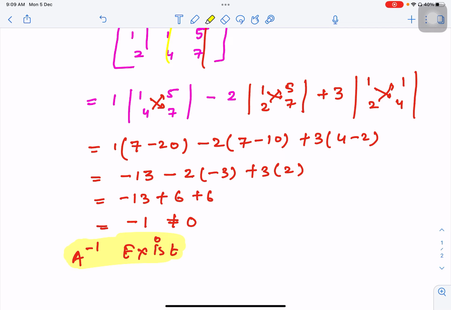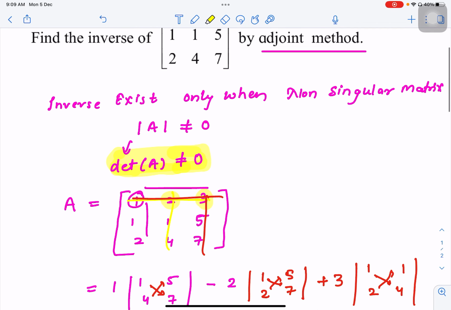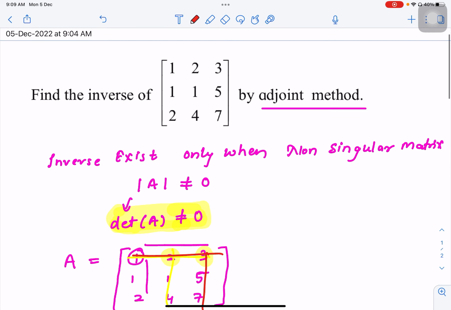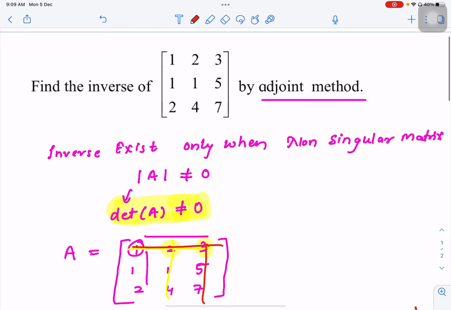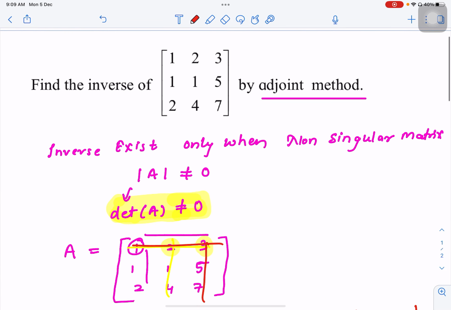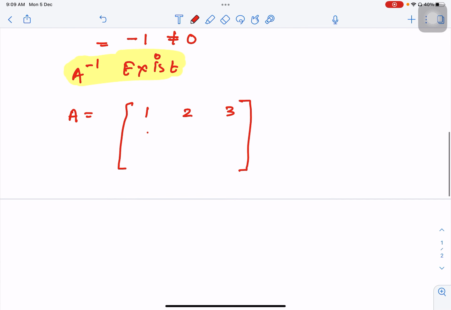The determinant needs to be not equal to 0, then only we'll have A inverse. Now once we determine that the A inverse exists, the question comes, how do we actually find the inverse? Let's rewrite the matrix again, and we are going to follow something known as the adjoint method. The matrix is 1, 2, 3, 1, 1, 5, 2, 4, 7.